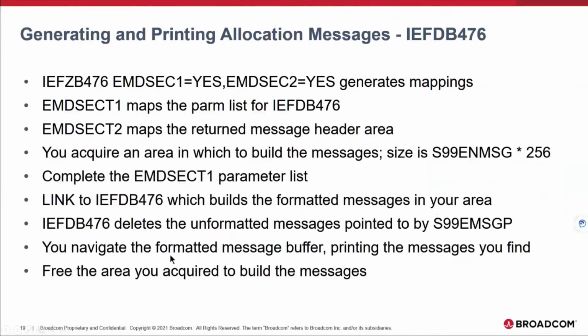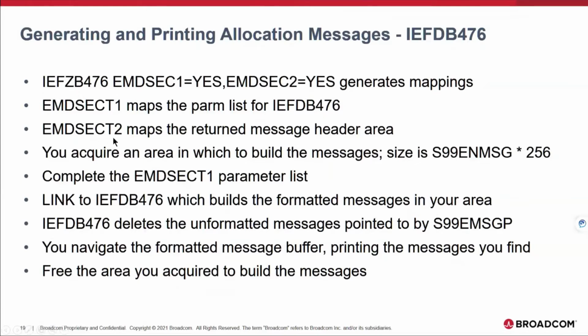And finally, we have this separate service called IEFDB476. And the way it works is you can generate these two Dsects, and you use this IEFDB476 macro to generate a Dsect1 and Dsect2. Dsect1 is the mapping of the parameter list for this program, so it shows you what fields need to be passed.